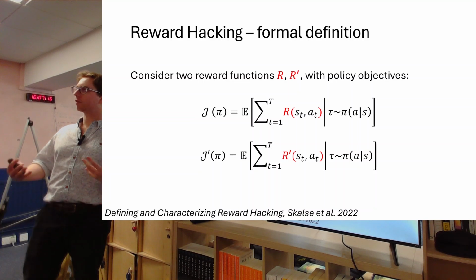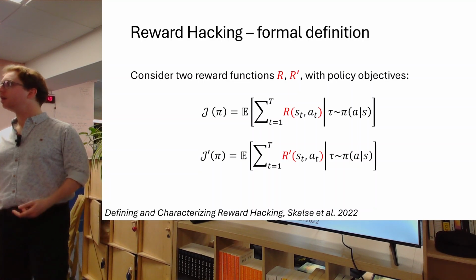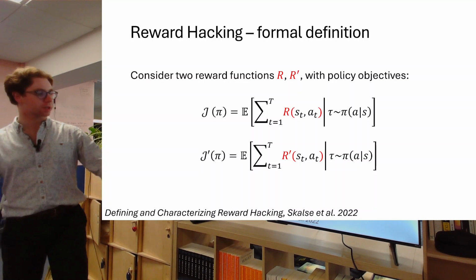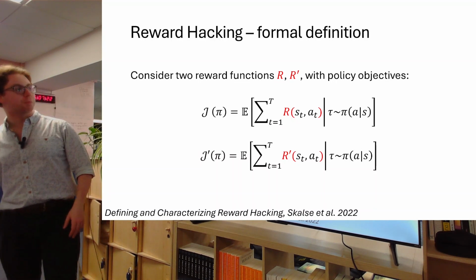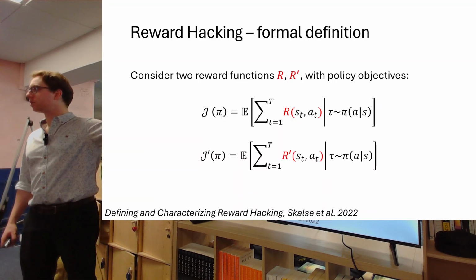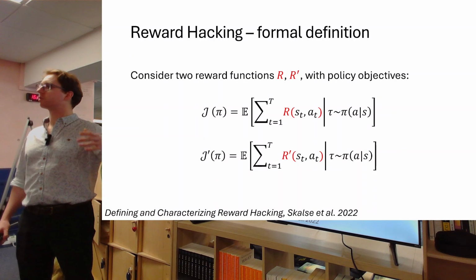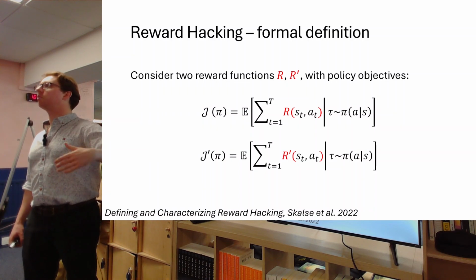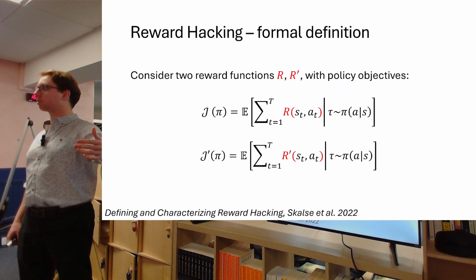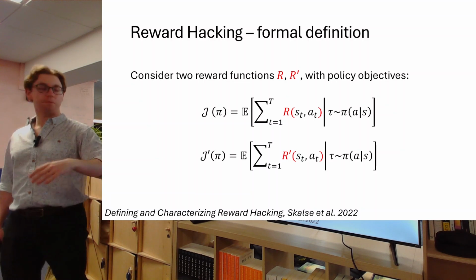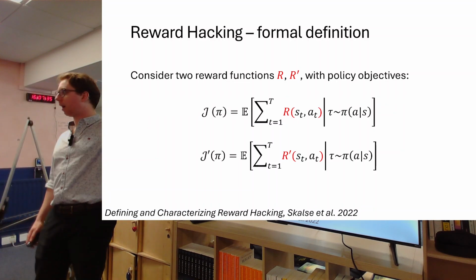Now, reward hacking refers to a situation in which I have a policy that's doing very well according to my proxy reward, but does poorly according to my true reward. In other words, I'm training using a proxy, and it's resulting in a policy that's doing very well according to the proxy, but poorly compared to the actual reward that I care about.